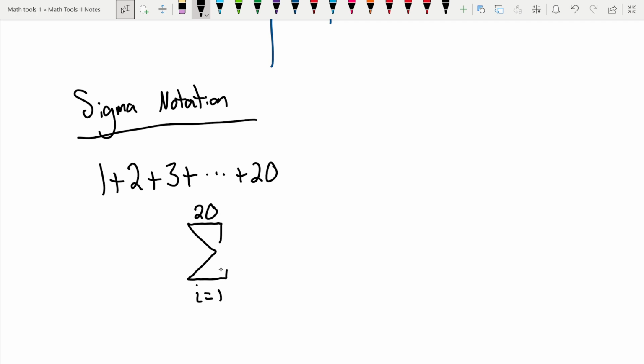So in this case, maybe we write i equals 1 to 20 of i. What this is telling us to do is to plug in i equals 1 for the first number, and then i equals 2 for the second number. The sigma itself means to add all of these terms together. And then i equals 3 for the next number, and you just keep doing this until you get to the last number, which is listed on top, which is 20.